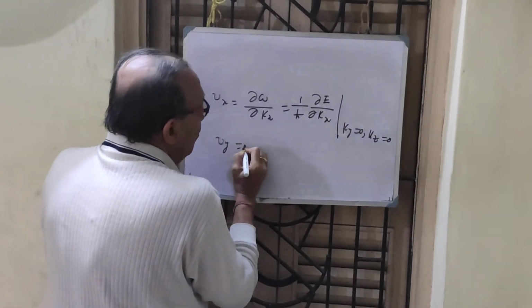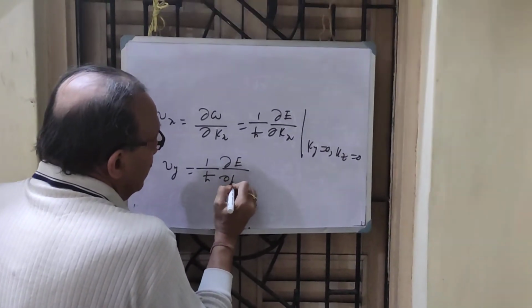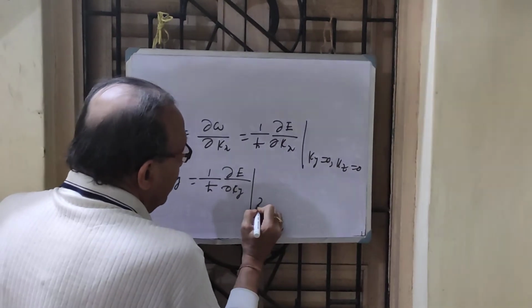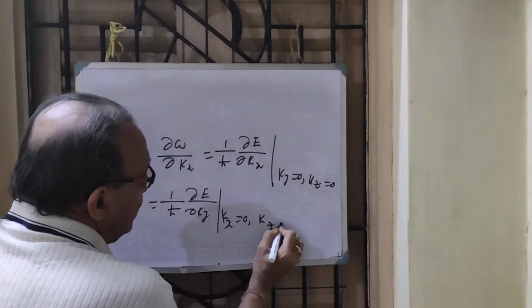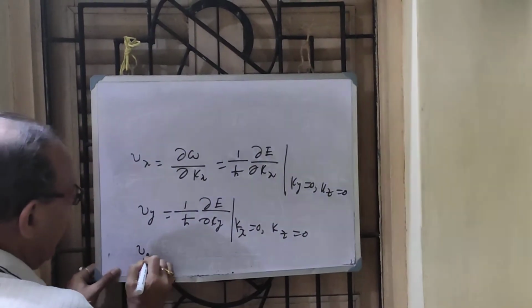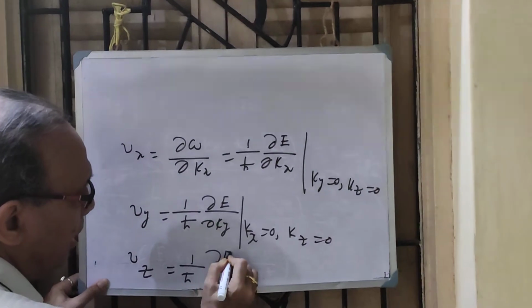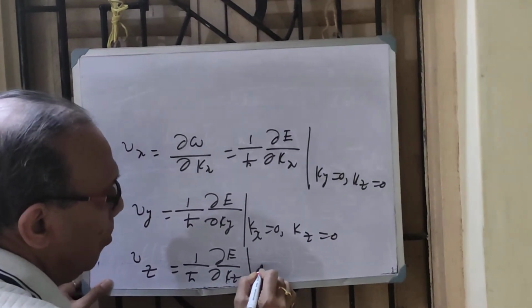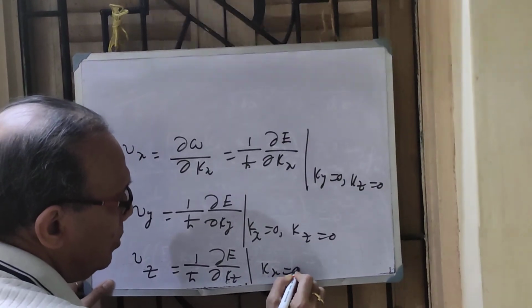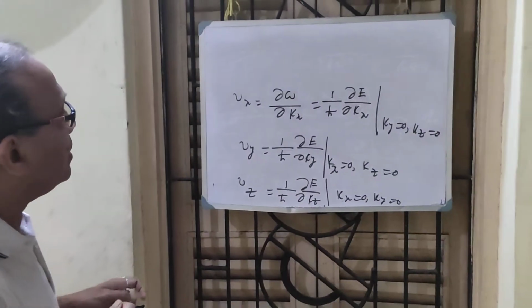Electron velocity along y is 1 by h bar dE by dky, where kx equal to 0 and kz equal to 0. Similarly, electron velocity along z is 1 by h bar dE by dkz, partial differentiation, where kx equal to 0, ky equal to 0 in the bulk dispersion relation.